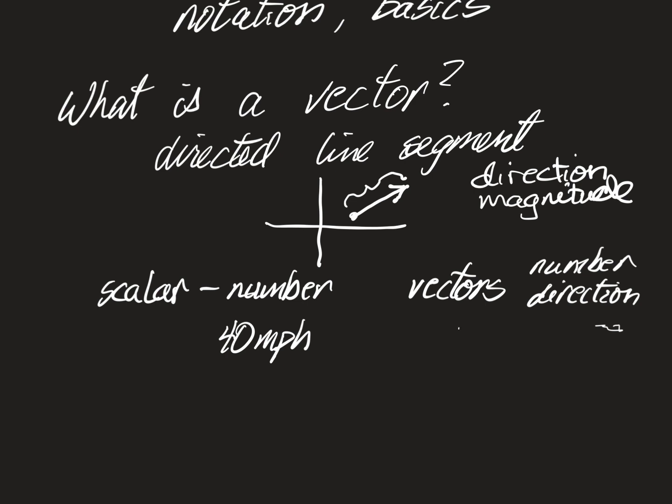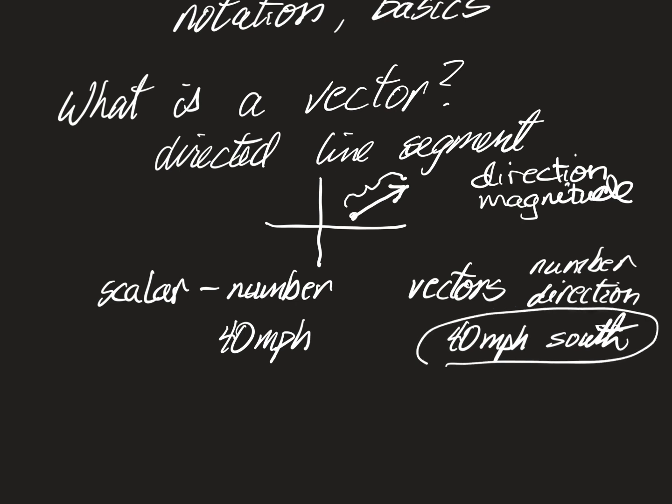But if I say I'm going 40 miles per hour south, like that, then I consider this a vector because it has a direction. Now, the directions don't always have to be north and south. They just need to be an indicated direction by the particular quantity.